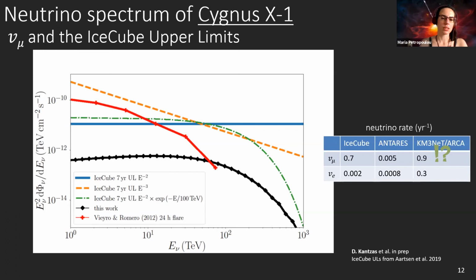As far as I understood, your model is steady state, so you compute the steady state emission. Do you have any plans of computing also outbursts or modifying your code somehow to model this type of flares, which I'm not aware of?